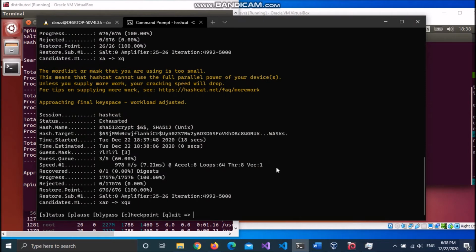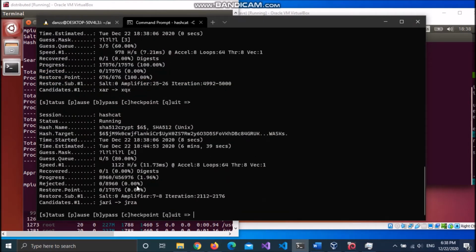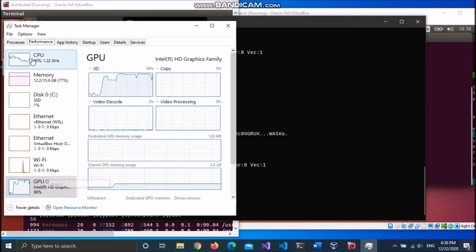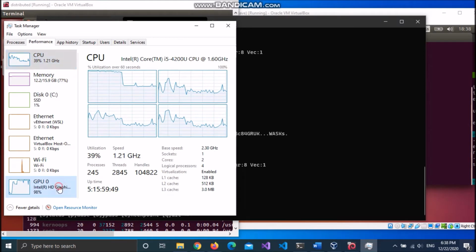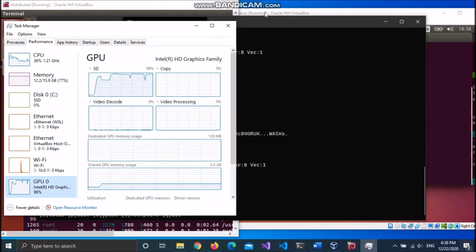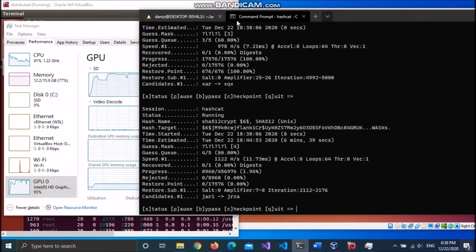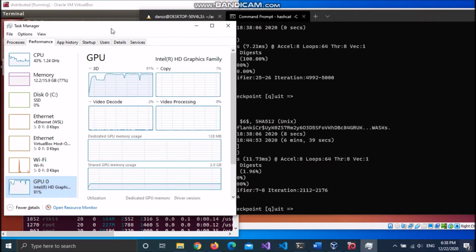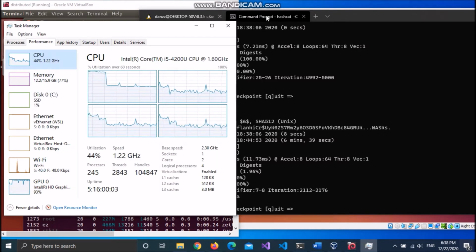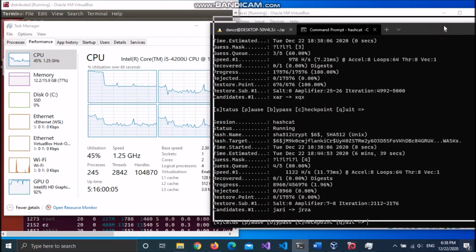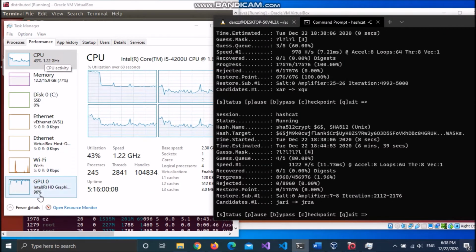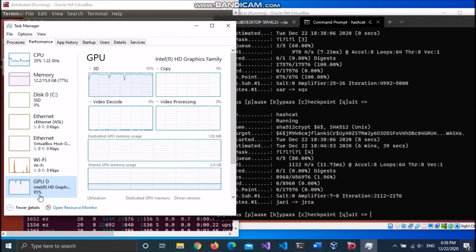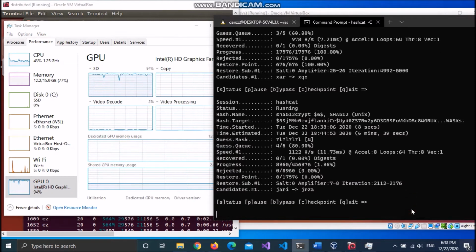Now as for status, it is actively working. You can see in Task Manager that CPU utilization is not as much as GPU utilization. So one good thing about Hashcat is it can use the GPU, and with it you can also use your computer for other stuff, as the CPU is nearly idle, and it is primarily using the GPU as its main compute engine. Now I'll just quit this.